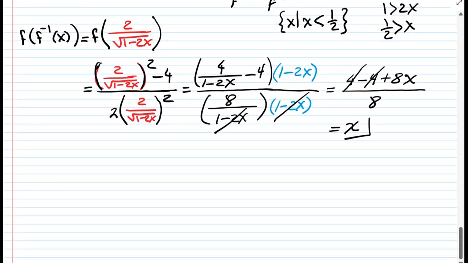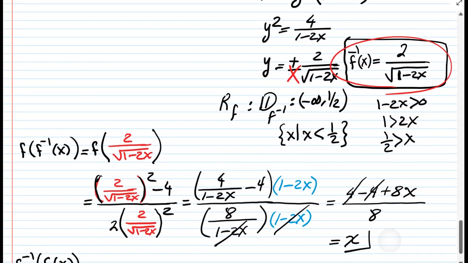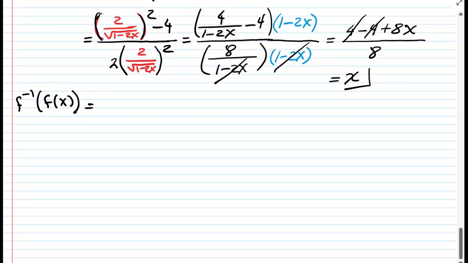Now let's do our last composition, and we are done. Or we will be done. All right, for this one now, the inverse function. We're plugging into the inverse function again, this one. All right. 2 over square root of 1 minus 2x.